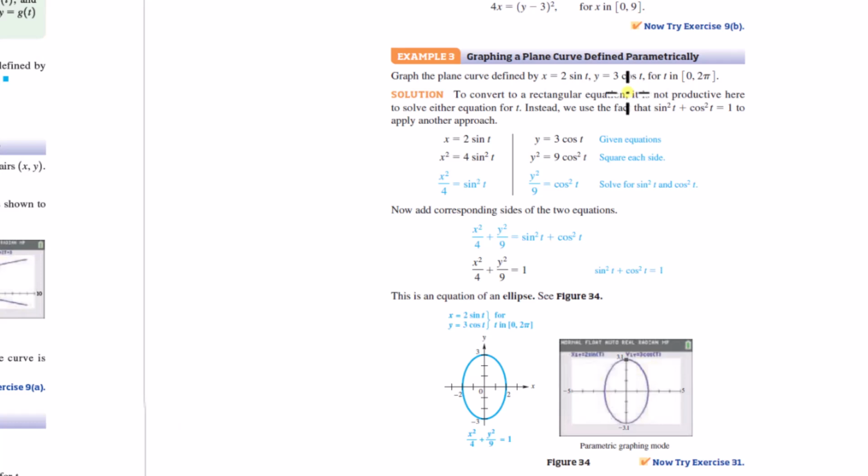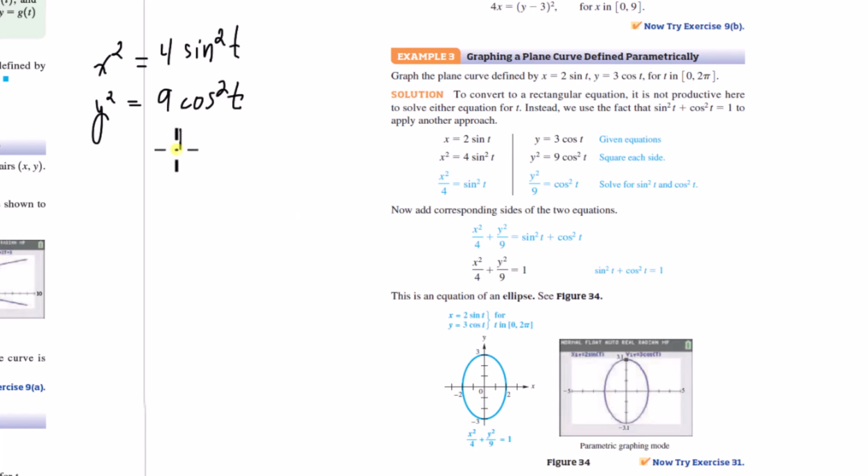I guess take inverse cosine or inverse sine on both sides. That's kind of complicated. Well, here we can use trig identities. So x squared is equal to 4 sine squared of t. y squared is equal to 9 cosine squared of t.